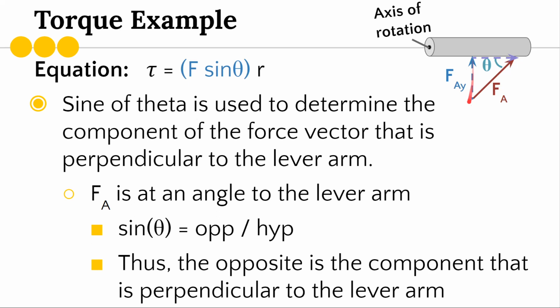We're looking for this vertical piece because this vertical piece is perpendicular to the lever arm. So you would need to use sine to get this component, which is why it's built into the equation like this. F sine theta would give you this component of the force, which is the component that's perpendicular to your lever arm. That's where that's coming from in the equation.